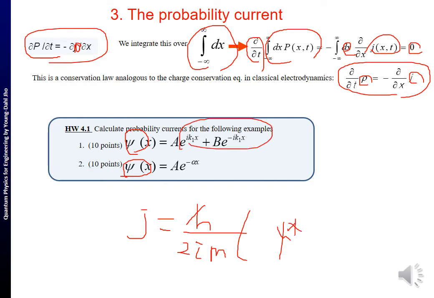This is just a function of x, so instead of partial derivative you can just use the derivative like this.